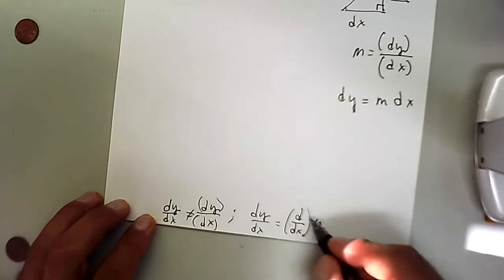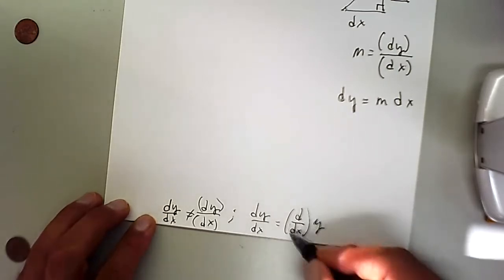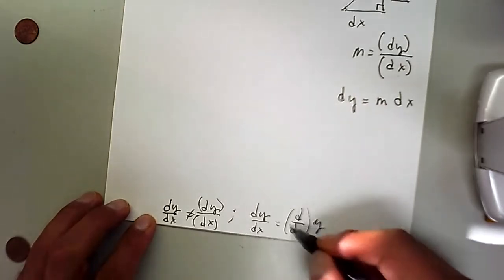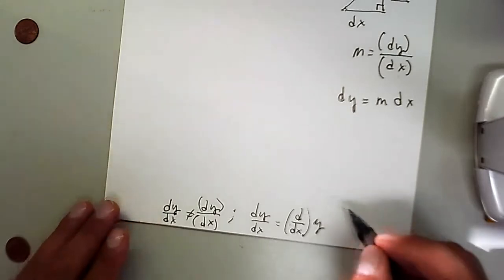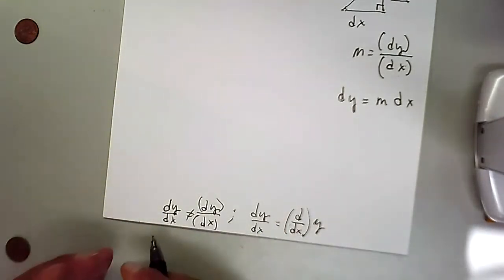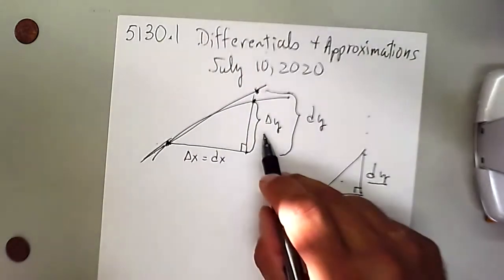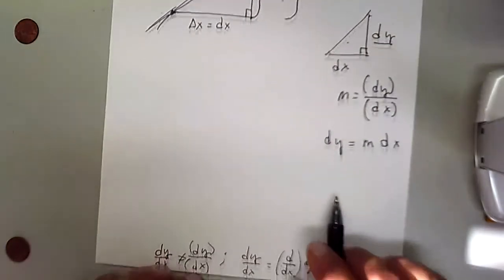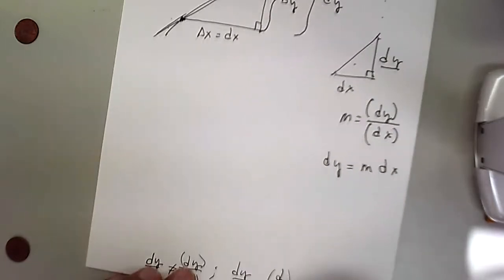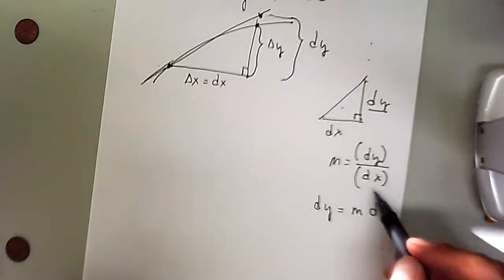So as an operator, the name of the operator, dx, cannot be broken up. It's a name. It cannot be split up into parts or pieces. It's not actually a division. It comes from a division of the corresponding deltas after we take the limit. So be aware of that. Be very careful when we're multiplying.